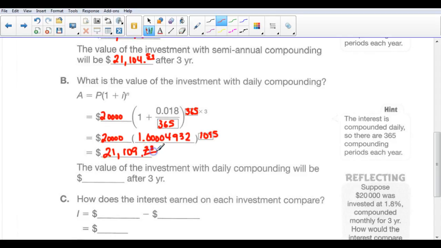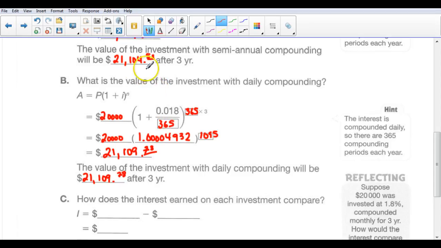That should be 78 cents. So the value of the investment with daily compounding interest will be $21,109.78.